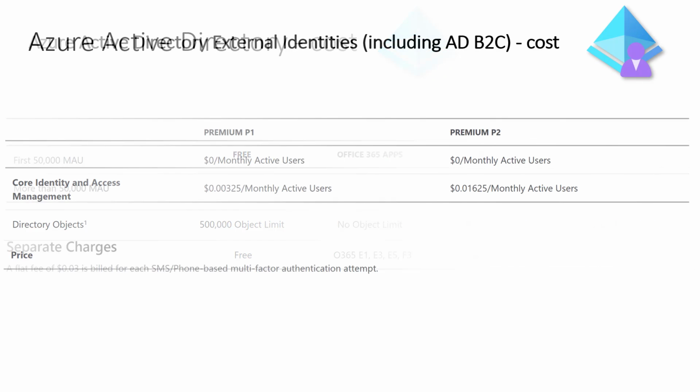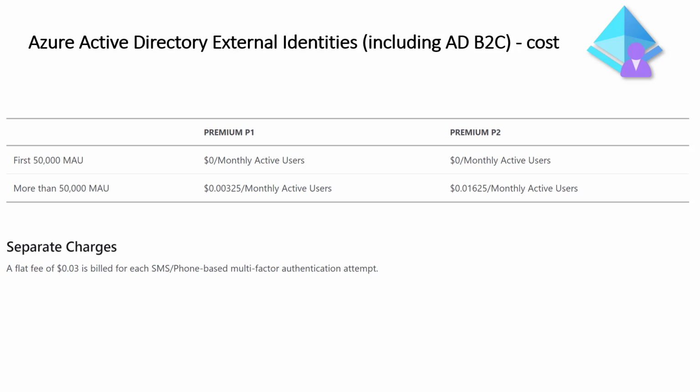On the other side, there is a cost related to Azure Active Directory External Identities, including Azure AD B2C or CIAM. In this case, I just want to clarify that the pricing is exactly the same for using External Identities and using Azure Active Directory B2C.